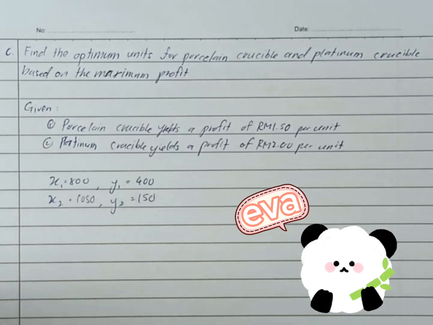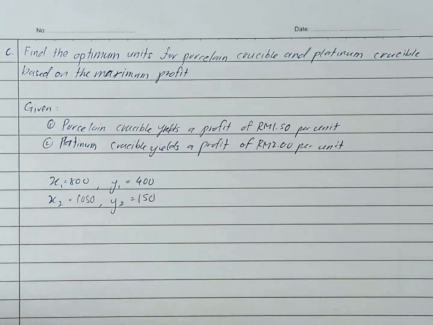So, the next part of solving question C is to find the optimum units for porcelain crucible and platinum crucible based on the maximum profit. It is given in the question that porcelain crucible yields a profit of 1 ringgit 50 cent per unit. Meanwhile, platinum crucible yields a profit of 2 ringgit per unit. After solving the equations in the previous part, we have these answers from the equations.